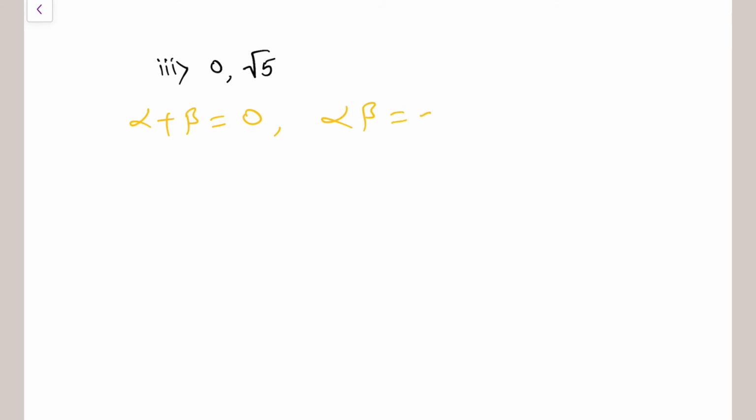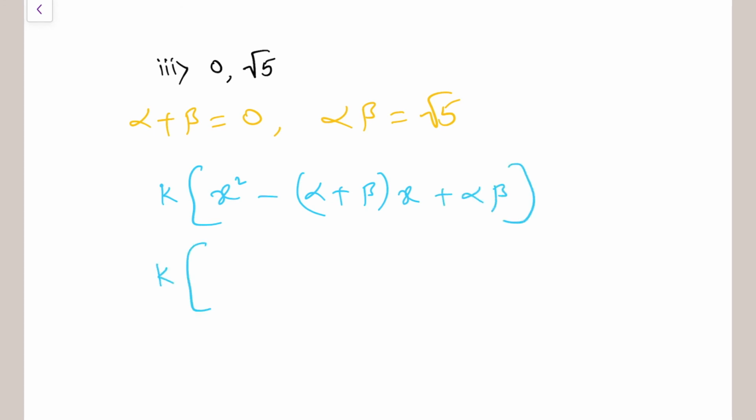Next one is 0 and root 5. So this 0 is alpha plus beta, right? Alpha plus beta value is given as 0 and alpha into beta value is given as root 5. So the formula we have is k into x square minus alpha plus beta into x plus alpha beta. K as it is into x square minus alpha plus beta is 0 into x plus alpha beta is root 5.